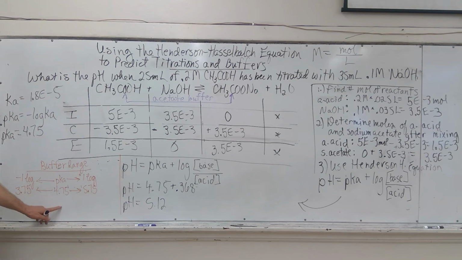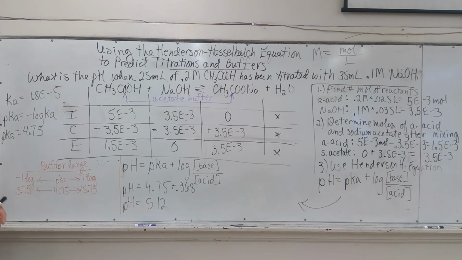So if our pKa is 4.75, we treat it as a pH. And so the buffering capacity of this system to resist excess acid or excess base will be between 1 log less than that, pH 3.75, and 1 log more than that, pH 5.75.